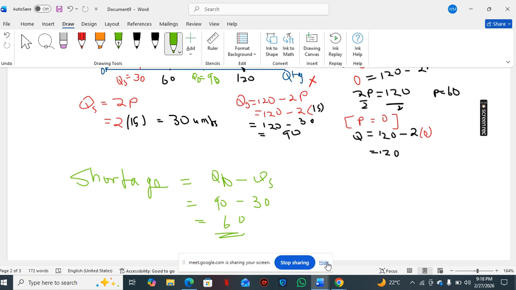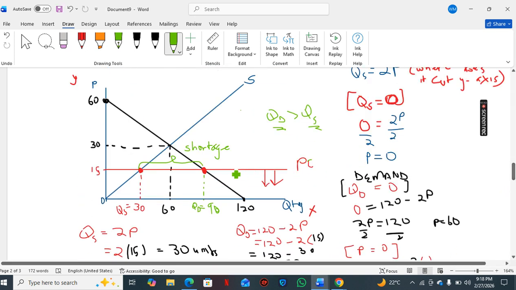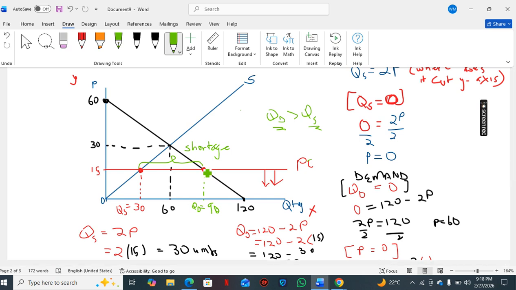Remember this, colleagues: the price ceiling is always below the equilibrium point. Who benefits from the price ceiling? The customers, because since it's below the equilibrium point, it's cheaper than what it was being sold for.